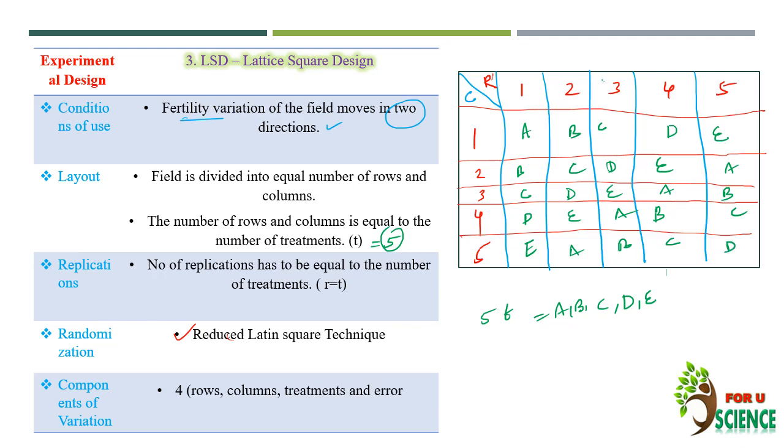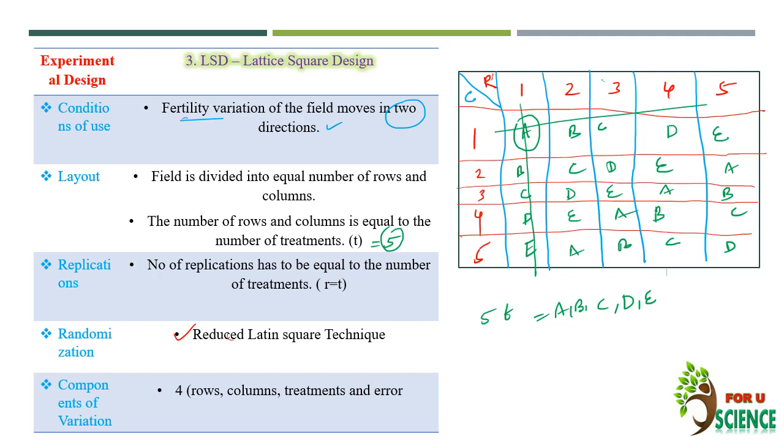Here we can see that each treatment, suppose A, is present only once in this row and once in this row also. So each treatment occurs only once in each row and each column, and it forms a perfect square structure. So we call it a lattice square design.